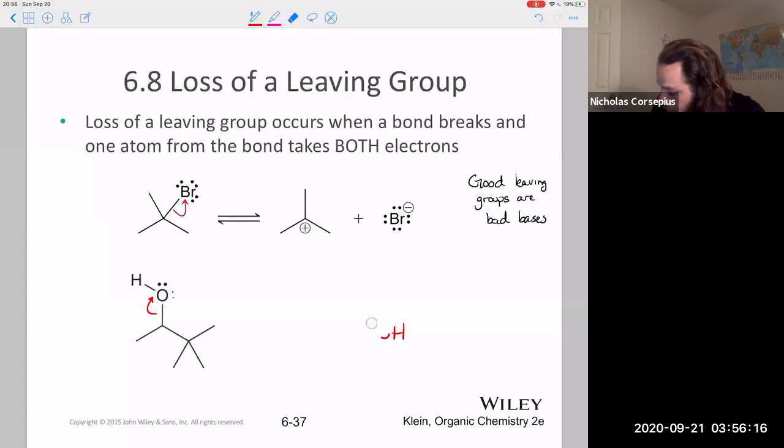What we do when we want to have a reaction where we get rid of an alcohol group is we carry it out under acidic conditions so that that alcohol group gets protonated. And then that becomes a really good leaving group, because what's my leaving group now?